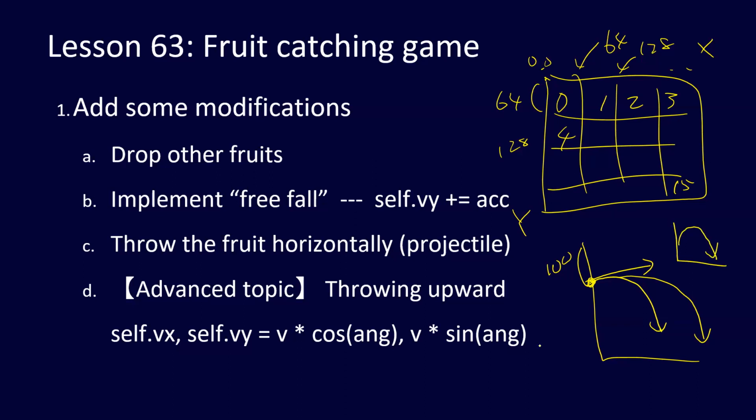And in that case, the initial velocity is v, and absolute velocity is v, and upward angle is theta. Okay, good. Maybe you can try yourself and see how interesting you can make the game.